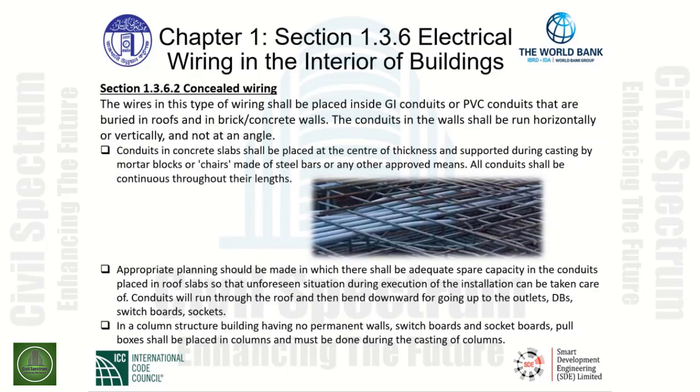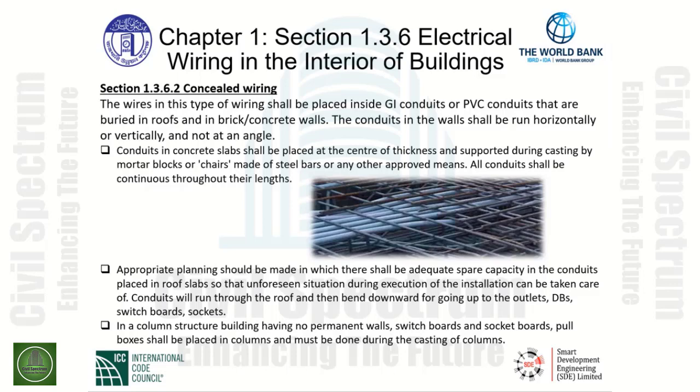Another section regarding electrical wiring in the interior of buildings is section 1.3.6.2, concealed wiring. The wires in this type of wiring shall be placed inside GI conduits or PVC conduits that are buried in roofs and in brick concrete walls.